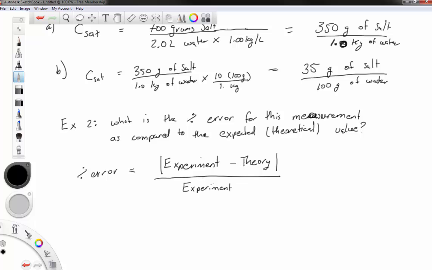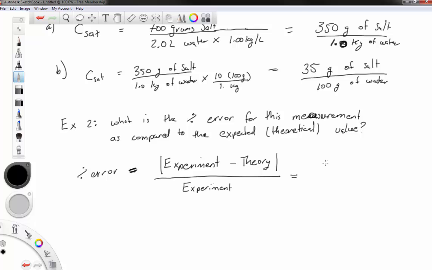I like to compare the theory to the experiment, but a lot of other people will disagree and say no, it's more important to compare experiment to theory. So this is the method that I usually use, including on your Blackboard quizzes, so do it in this order.